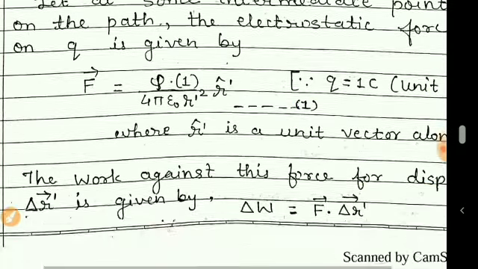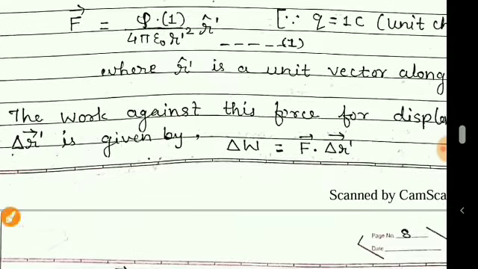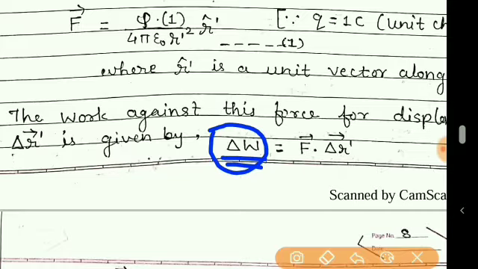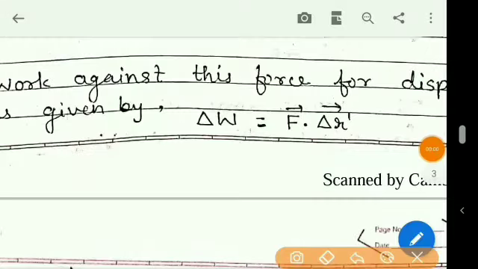Now our next step: we know that the work done on a unit charge is nothing but the potential at that point. So here also we need to find the work done, and the work done for the small displacement delta r is also small, so here we have kept delta W. Now this work is a dot product of force and displacement.